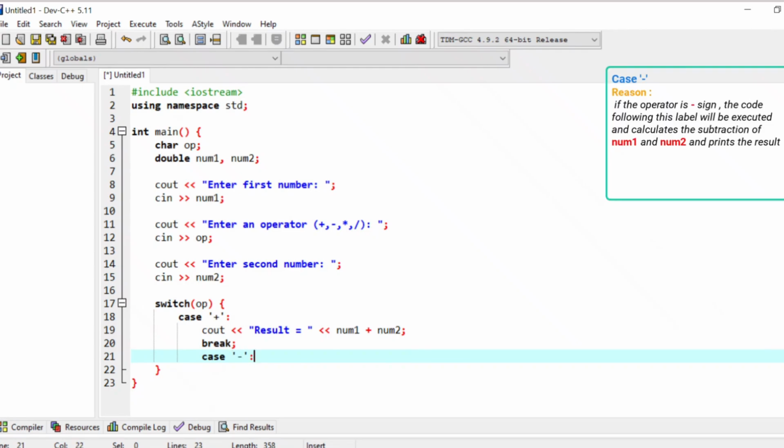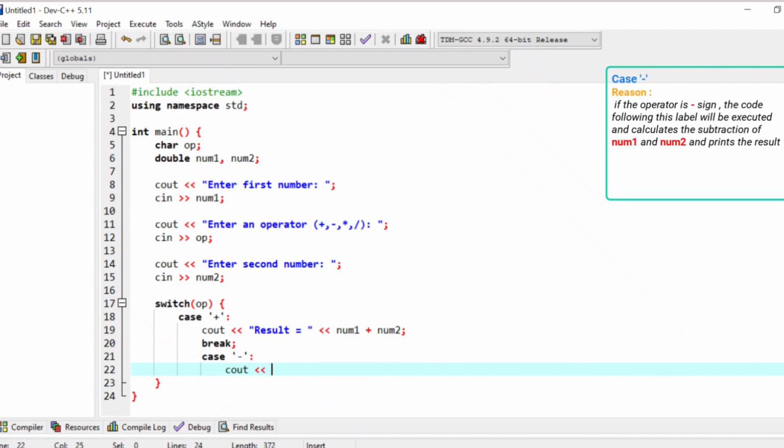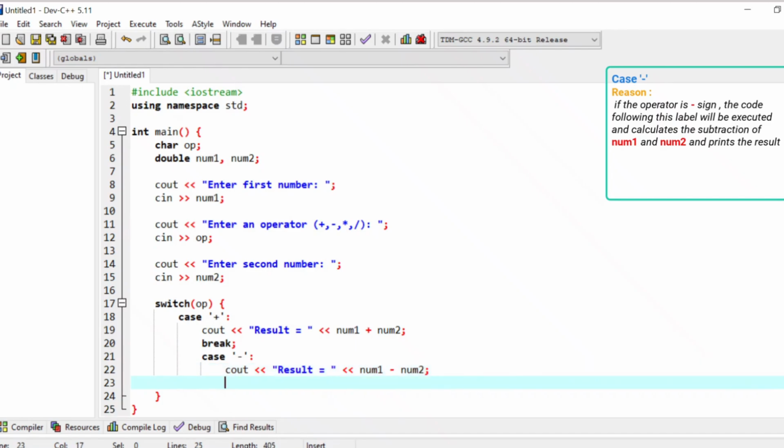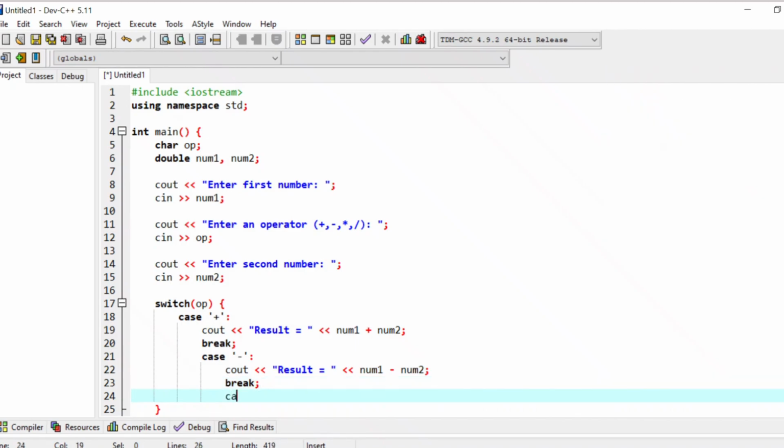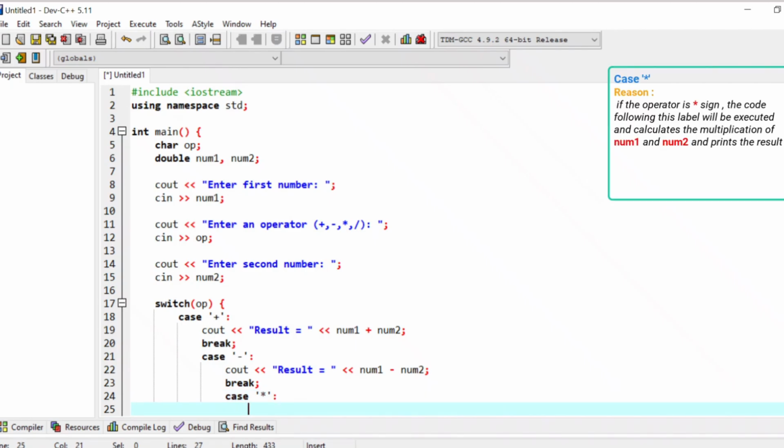If the operator is minus, it subtracts the second number from the first. If the operator is multiplication, it multiplies both numbers.